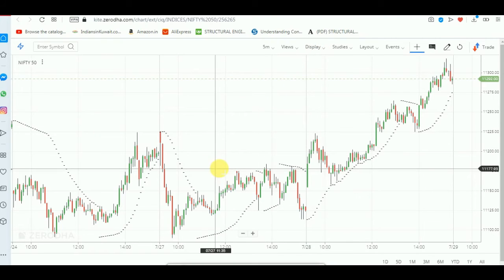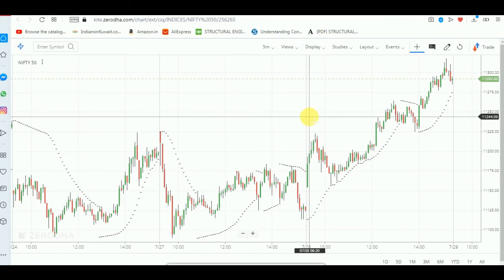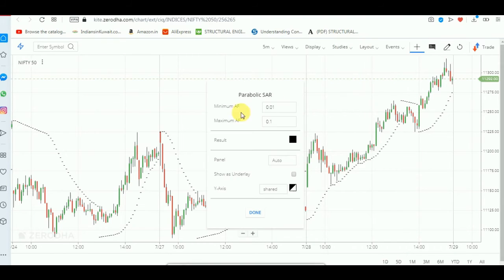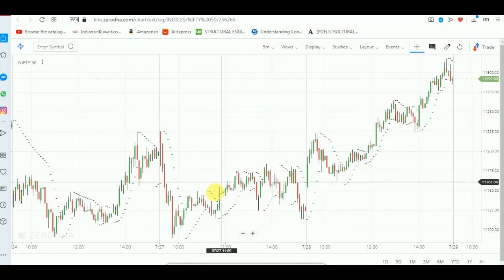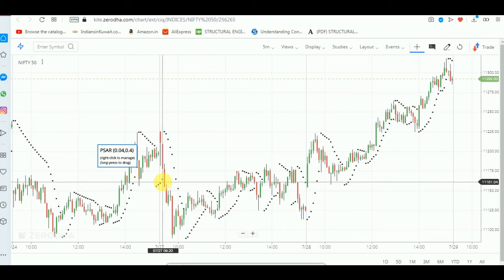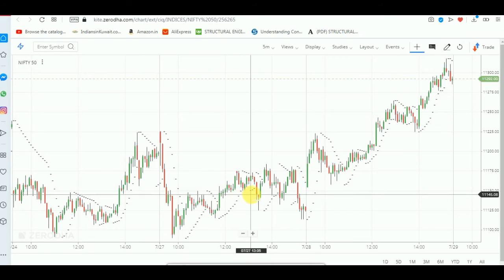The other part is that to minimize the false signals, we can keep the minimum AF and the maximum AF values as low as possible, because if we increase these values, what will happen? Then we will see there is a drastic change. Here you see so many false signals are showing. Here it is showing that the market is going to be bullish.